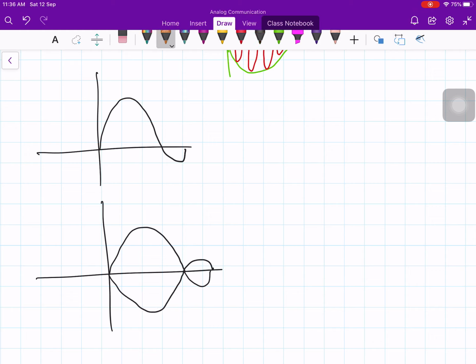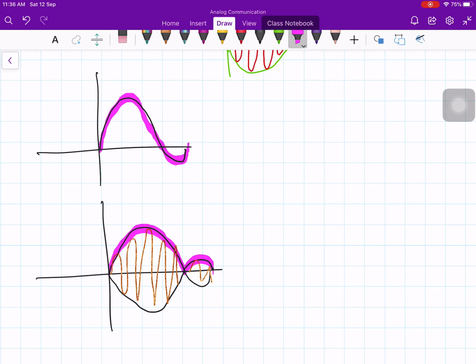Now let me say this is my carrier. Now what is the trace? The trace will be like this. But what is the original trace? The original envelope is like this. So this envelope and this envelope are both different now. So I cannot get back my original message signal.